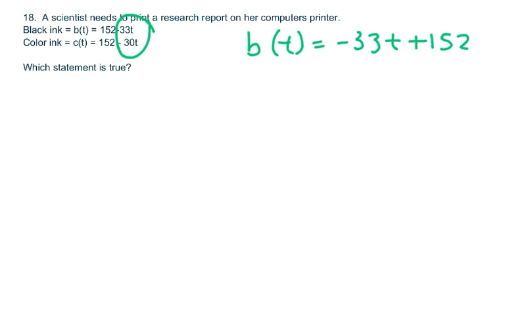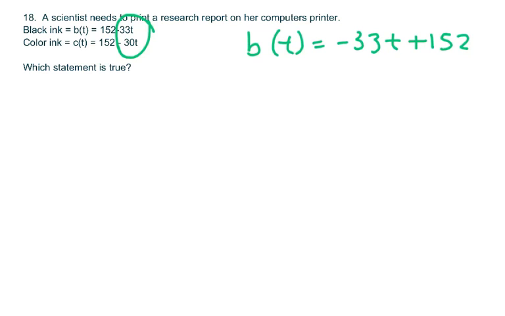So if I just print one page, or what's the t? After t minutes. So let's just say 1 minute, I get 33. But for the colored printer, I only get 30.